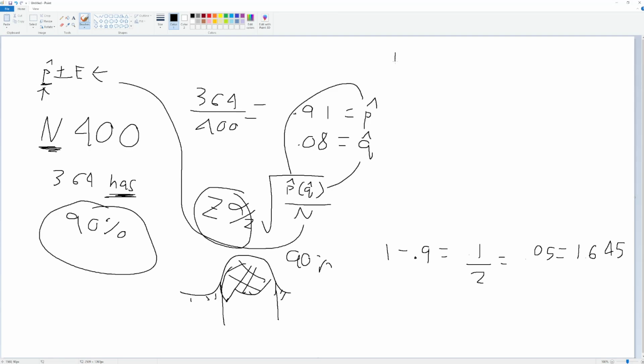So we have 1.645 times the square root of p hat, which is 0.91, times 0.09, divided by n, which is 400. If you're going to plug it into your calculator, I would do something like this. An extra set of parentheses, just in case.